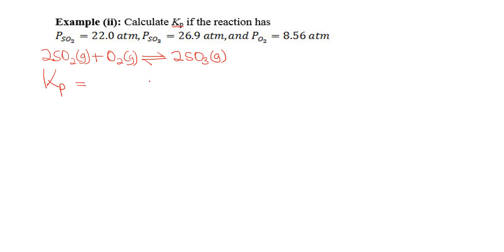So the Kp for this reaction is P SO3 squared up there, divided by P SO2 squared, and PO2. P SO3 is here, which is 26.9 squared.